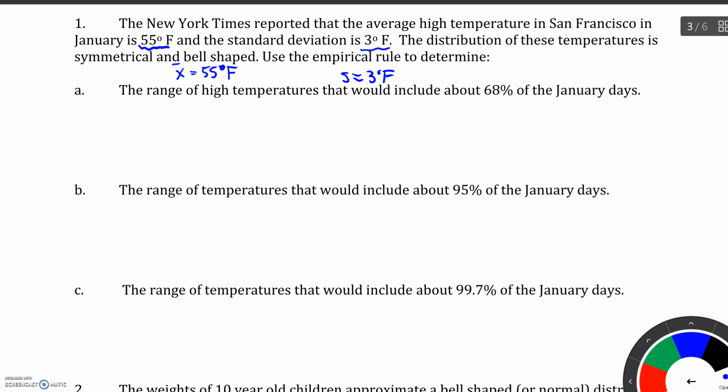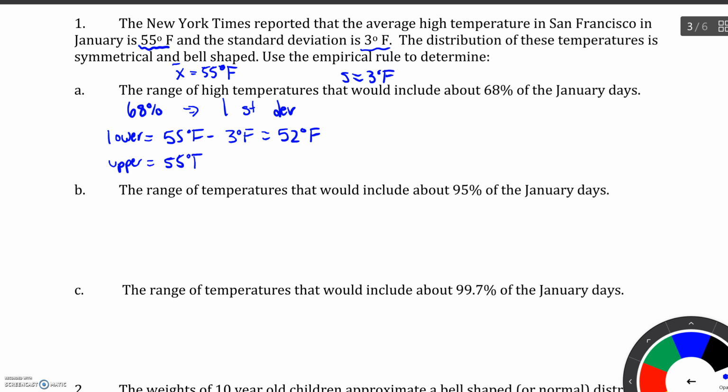Since we're finding 68%, we're going to move one standard deviation from our mean. Our lower limit is the mean minus one standard deviation, which gives us 52 degrees Fahrenheit. Our upper value is 55 degrees Fahrenheit plus one standard deviation, which gives us 58 degrees Fahrenheit.